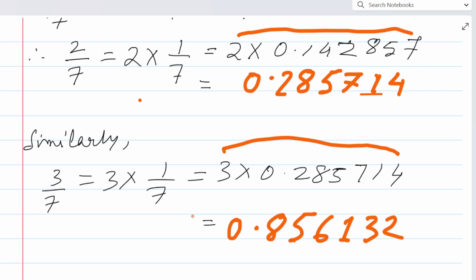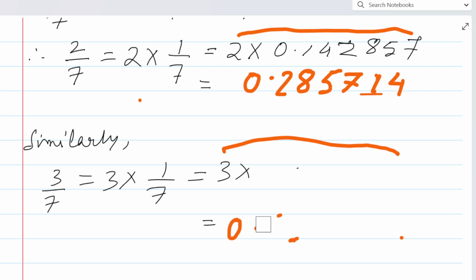Something is wrong. What is wrong? I have taken this value wrong. I'm so sorry. This value of 1 by 7 is not this value. Let's correct it. Okay, it's my mistake.